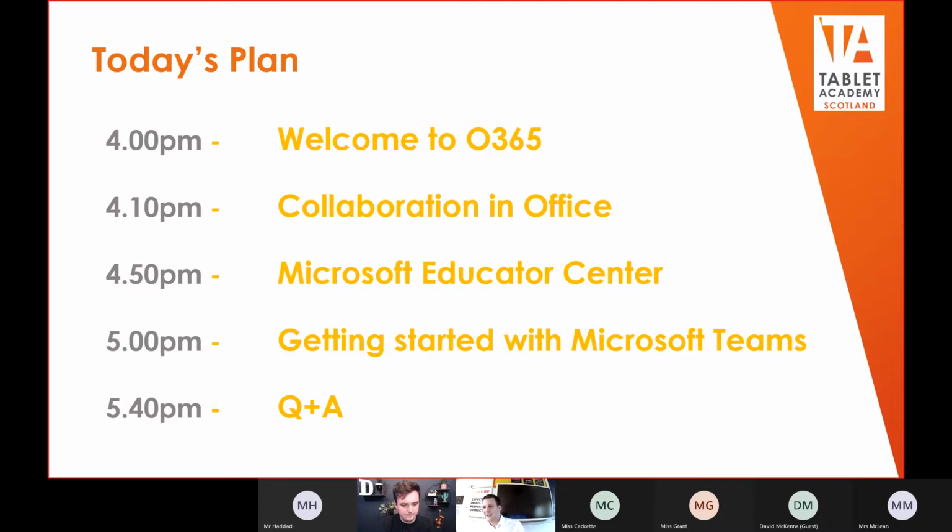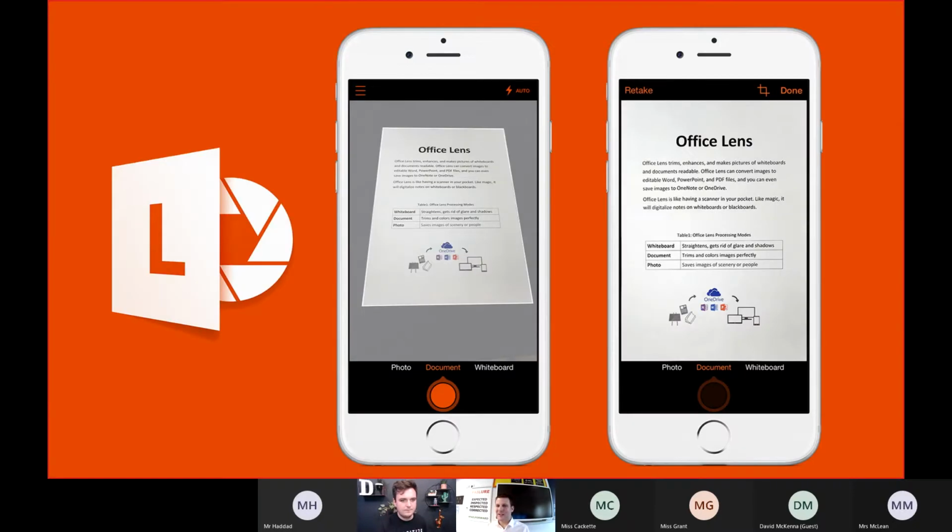So before we really get into using Microsoft Office 365 and collaboration, one of the things I'd really like to point out is the Microsoft Office Lens. If you haven't downloaded this app on your smartphone or your tablet device, I would absolutely recommend getting it. Basically, it allows you to take work that has been done, say on paper, or typed out or written out, and scan it with your mobile phone, and you've got the ability to make it a photo, or save it as a PDF.